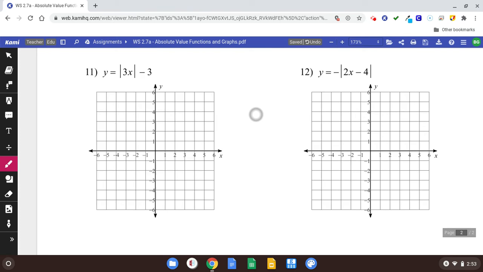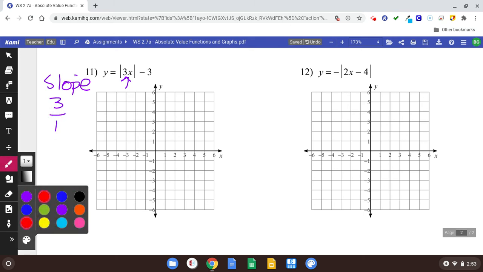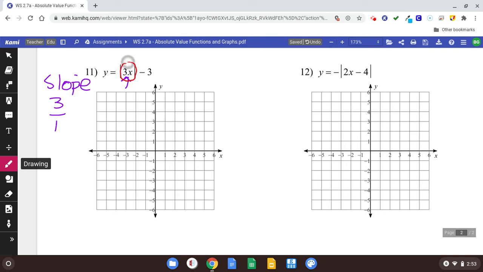Number 11 doesn't quite look as complicated, but it still has that number. That number 3 is going to look like a slope. So think about it as 3 over 1. But again, try to think of what number makes 0 right there. People might say -3, but that can't be right. That would be 3 times -3, which would be -9.